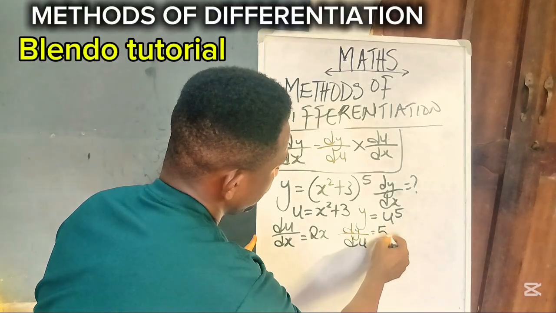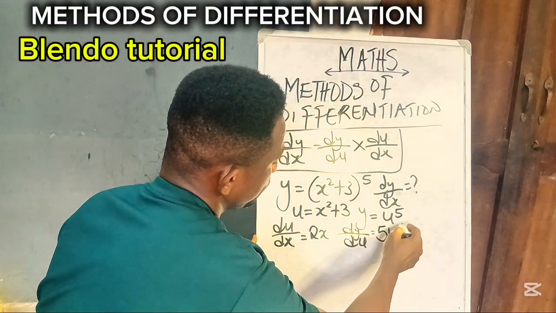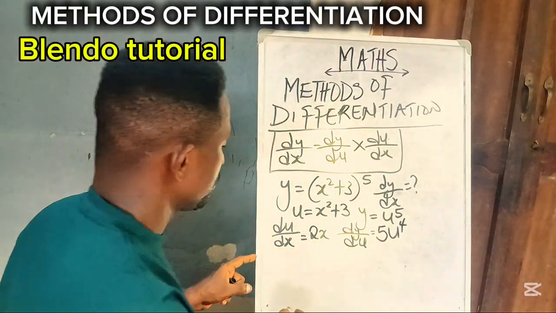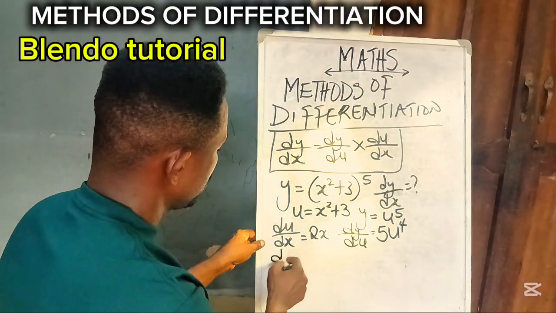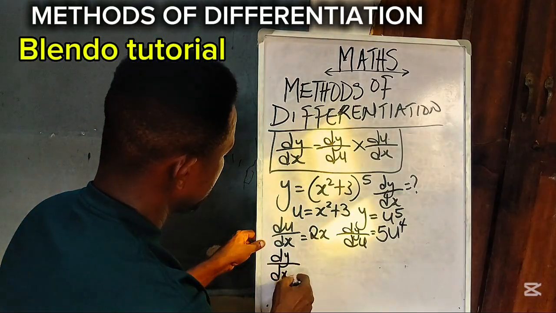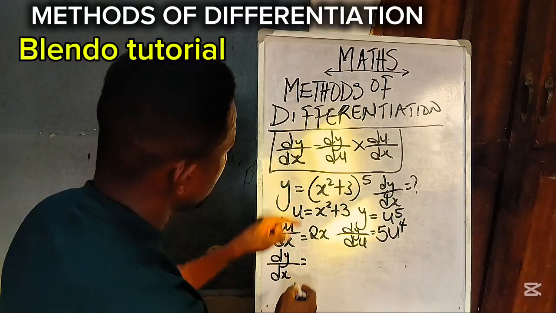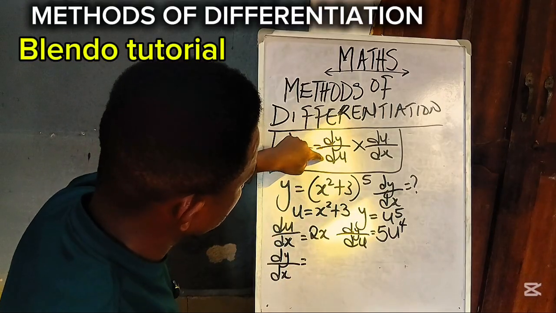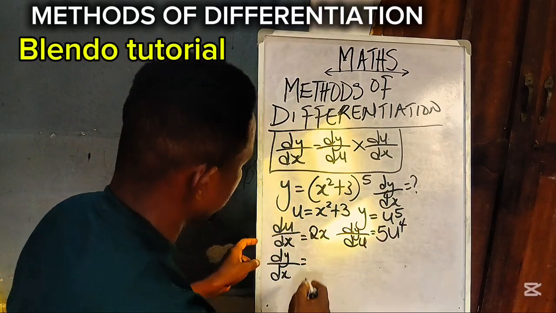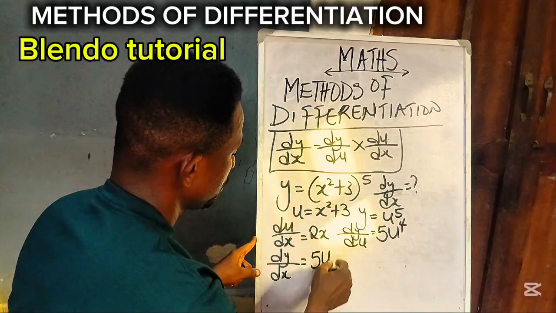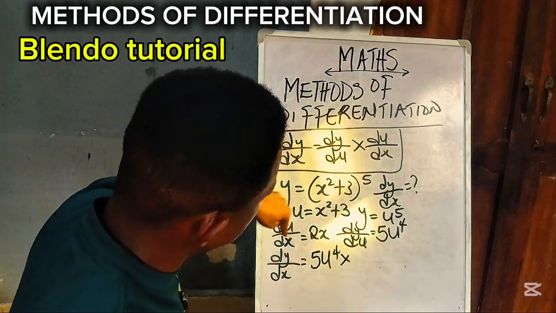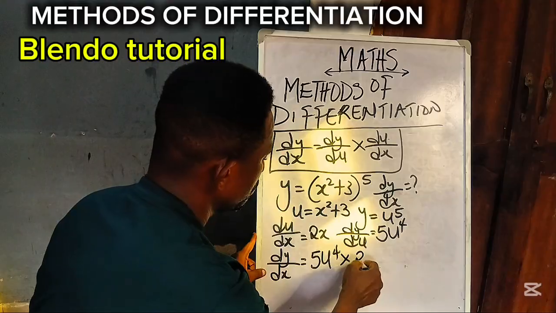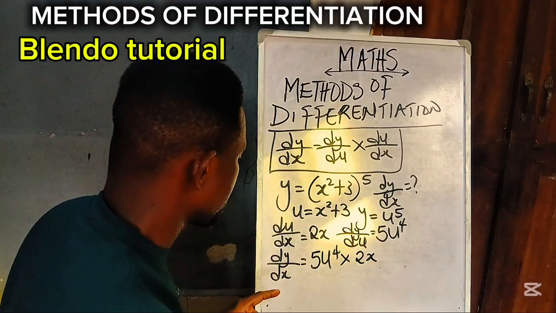We have 5u^4. So you join them together, applying this rule. dy dx is equal to dy du, which is 5u raised to the power 4, multiplied by du dx, which is 2x.